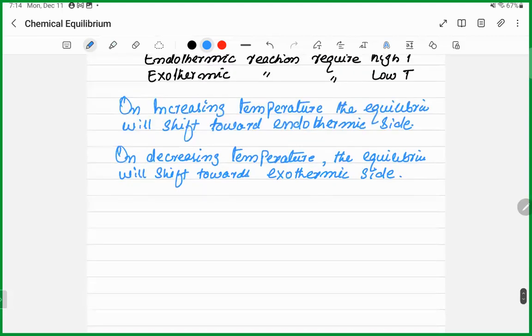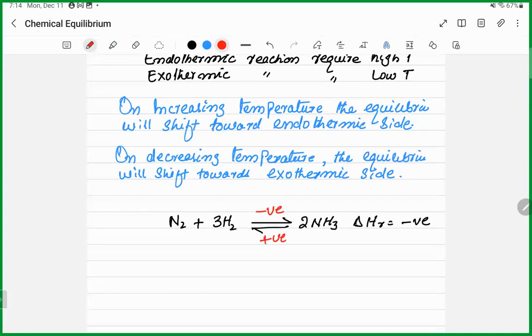ठीक है बेटा? Means if you have a reaction N2 plus 3H2 forming 2NH3, delta HR for this reaction is negative, means the forward reaction is negative, the backward is positive.